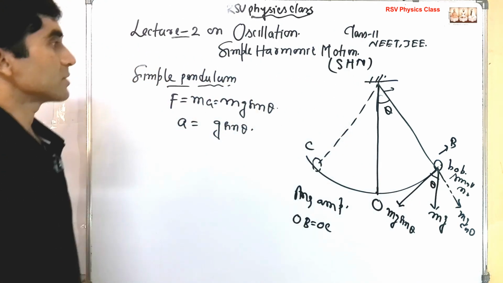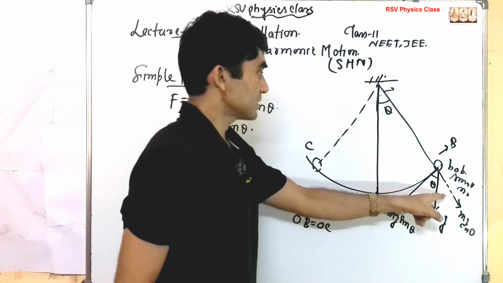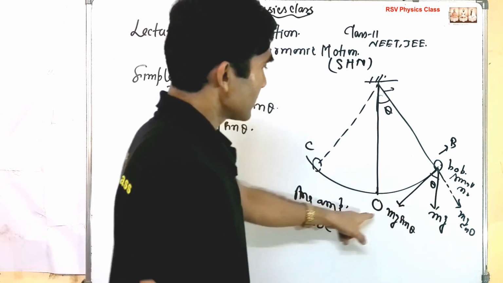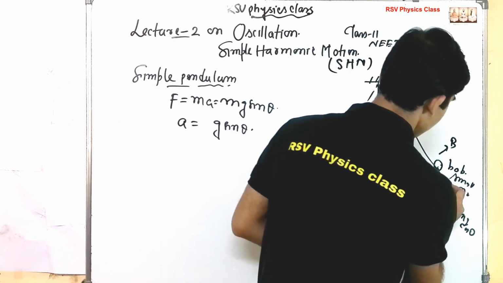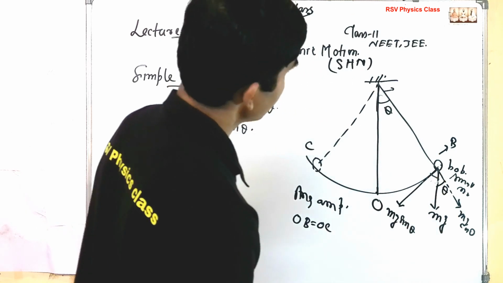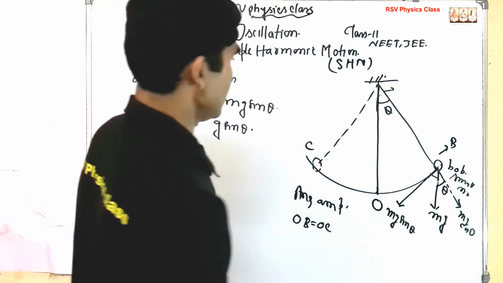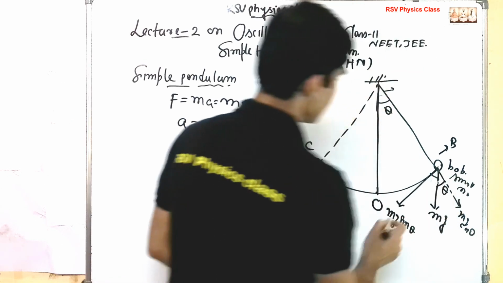This angle is theta. This is the tangential and this is the vertical, this will be theta. Okay, so this is sin theta.